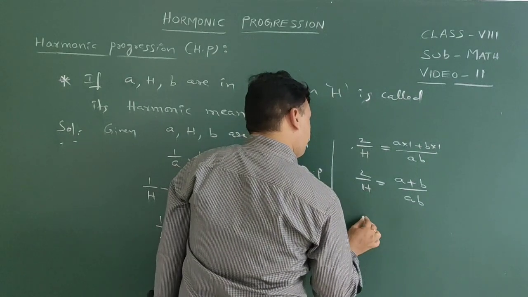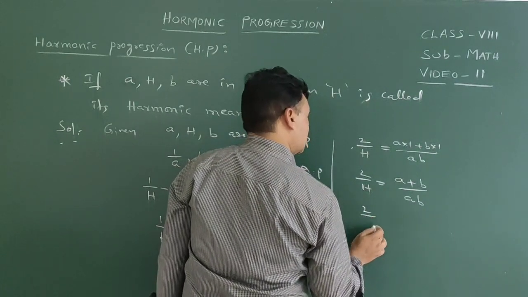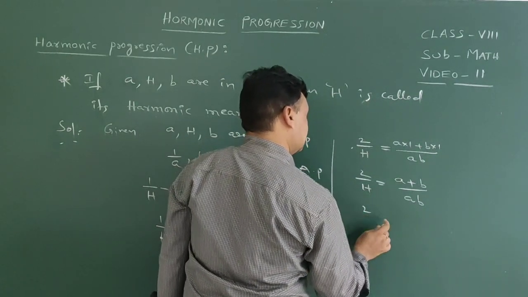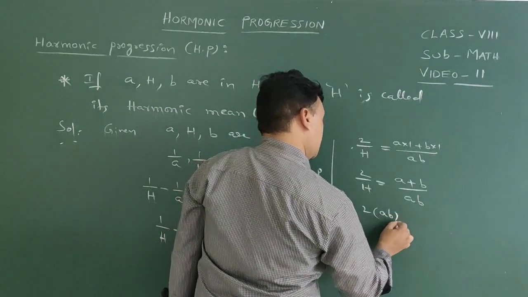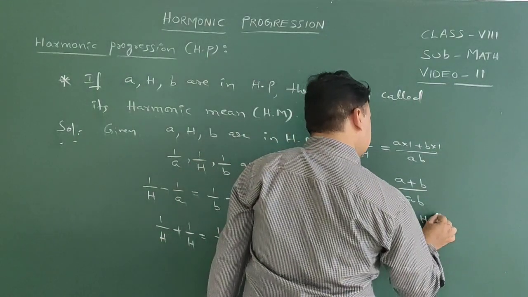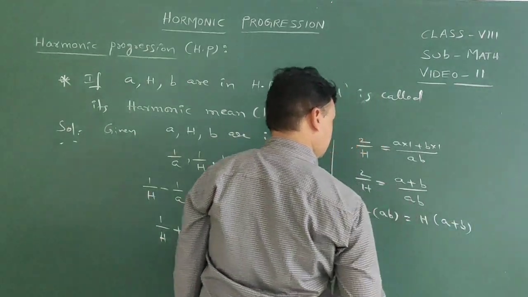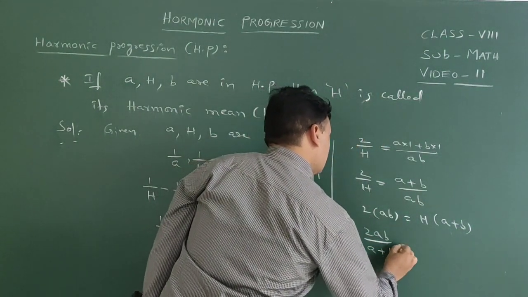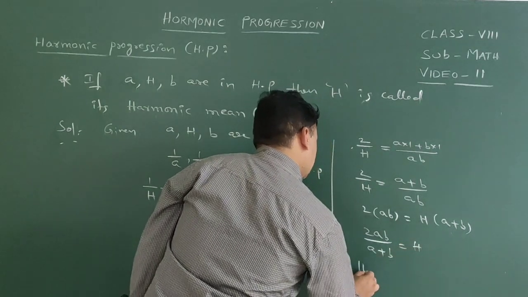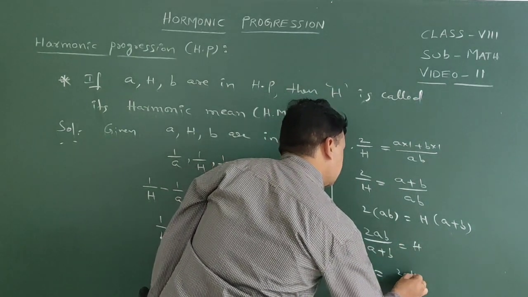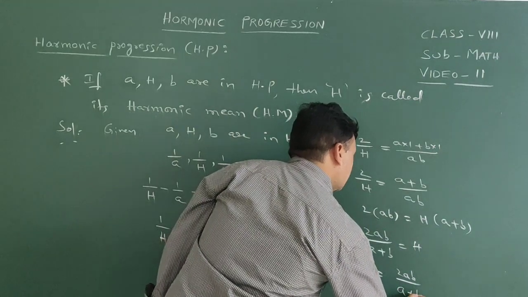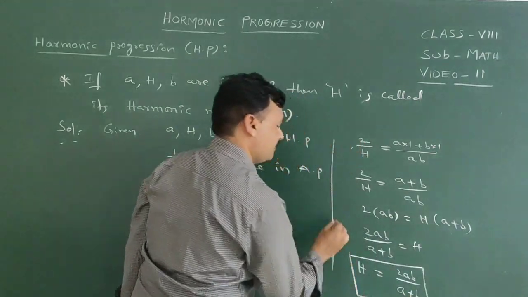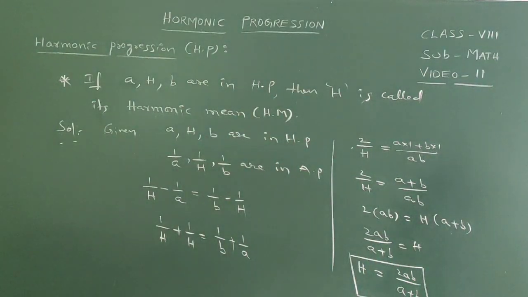Now cross multiply: 2 into AB equals H into A plus B. Now 2AB by A plus B equals H. Its harmonic mean is 2AB by A plus B.